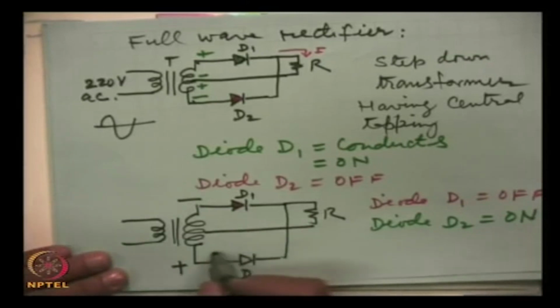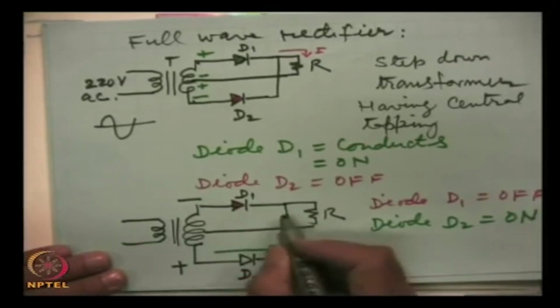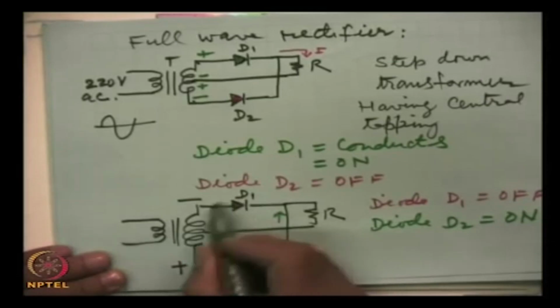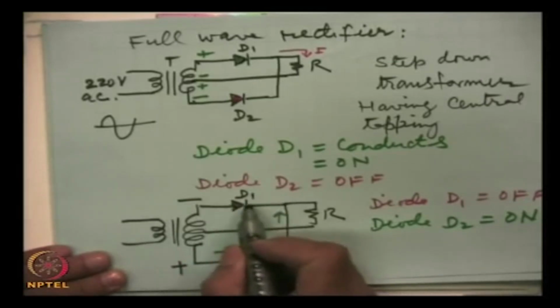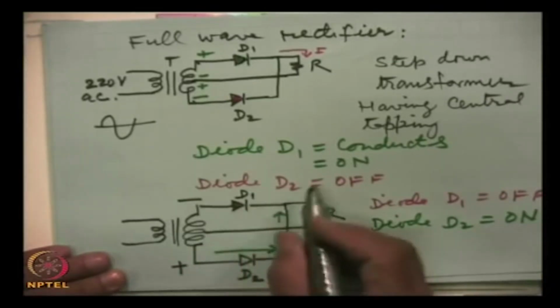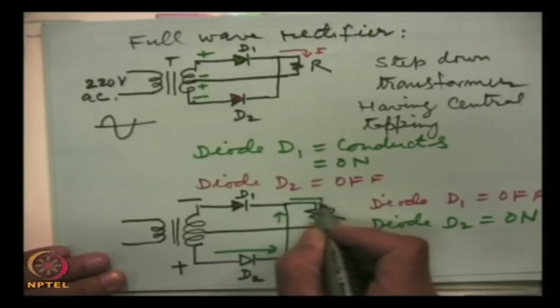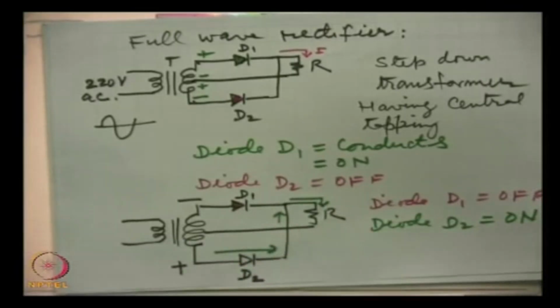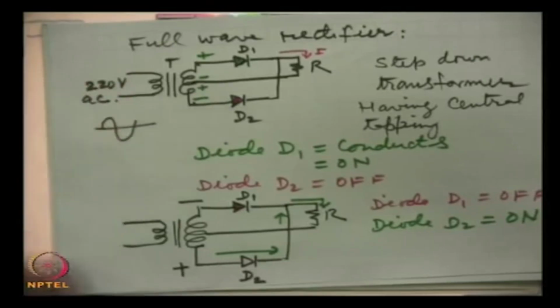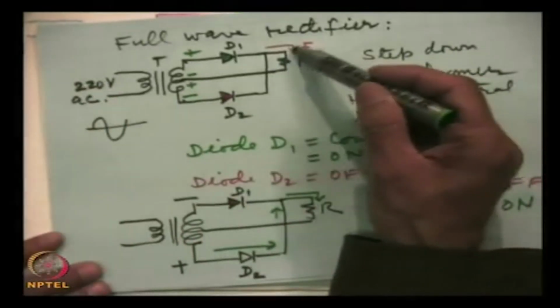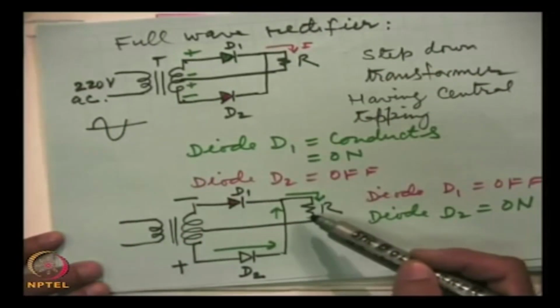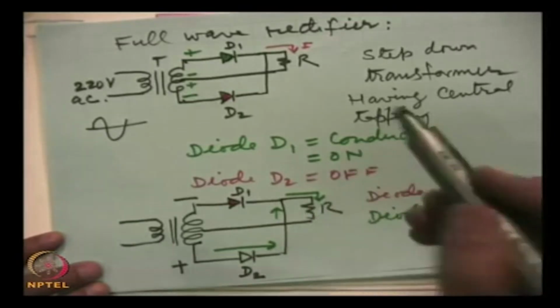Therefore, current will flow this way. This is infinite resistance, will not see this diode, and current will flow this way. That means, for the whole cycle, the current flows in the same direction in the load. R is the load.